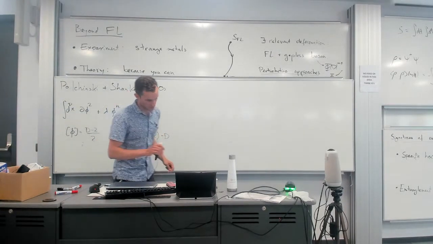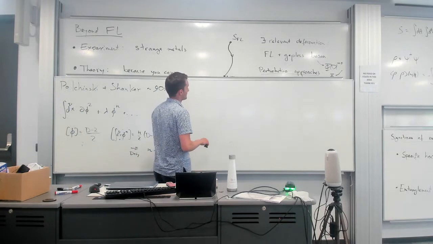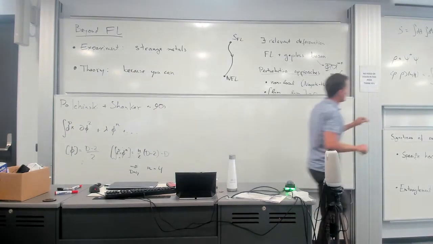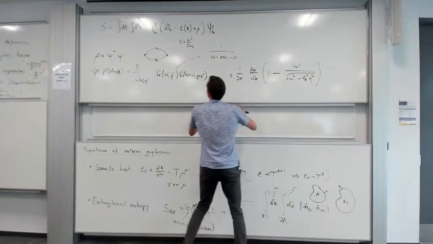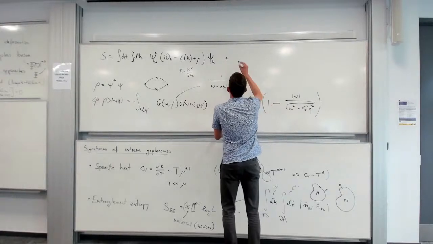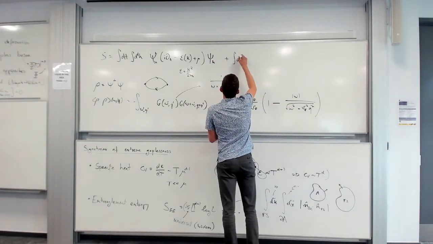So let's do this for Fermi liquids. The way they set this up is to start with the theory of free fermions and write down the most general quartic interaction for these fermions. Something like this.